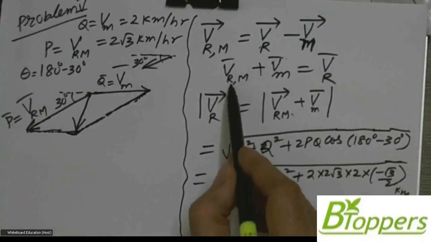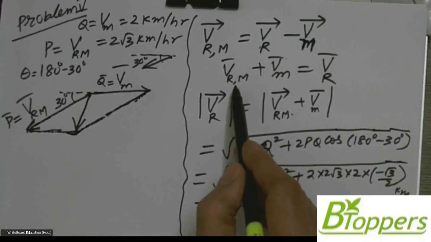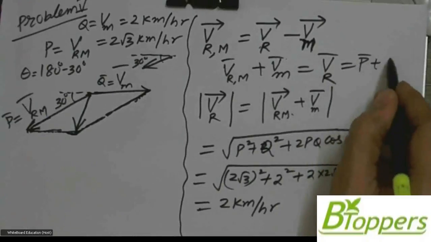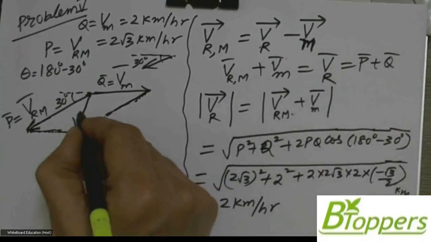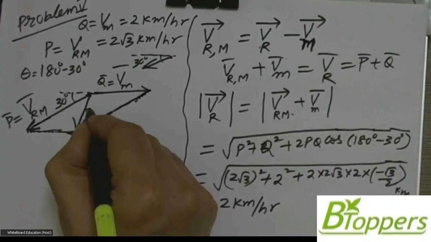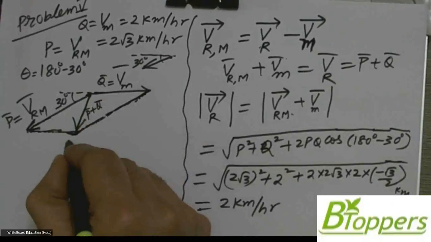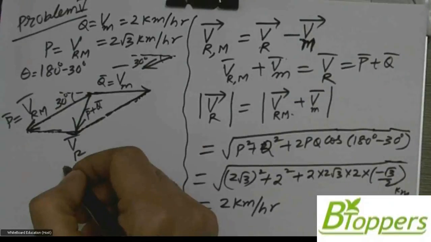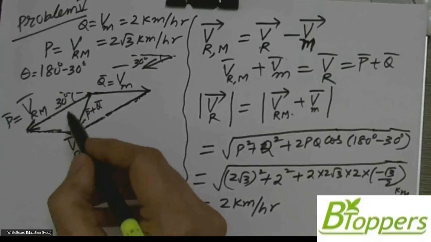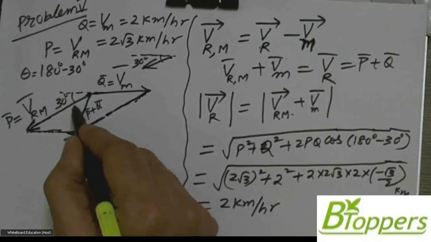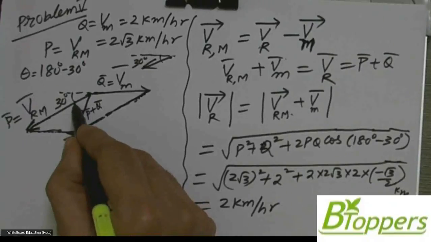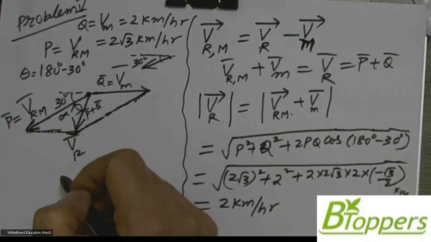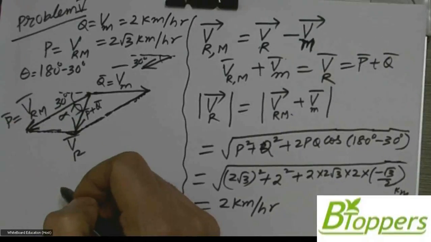That means the vector sum of the relative velocity and the velocity of the man gives you the actual velocity of the raindrops. So this actual velocity of the raindrops makes an angle alpha with p bar.